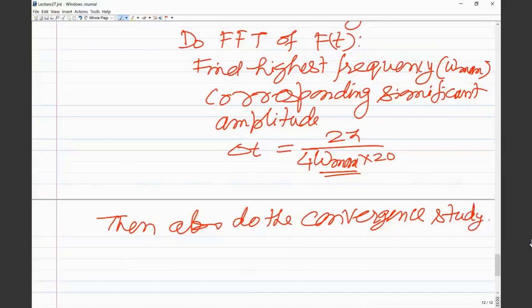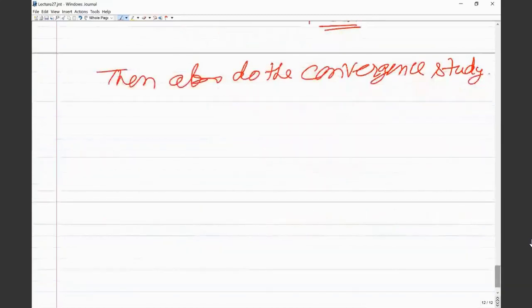So one convergence is with respect to delta t, and another is with respect to mesh. For a dynamics problem, because you are doing the integration in the time domain, how do we choose the mesh?